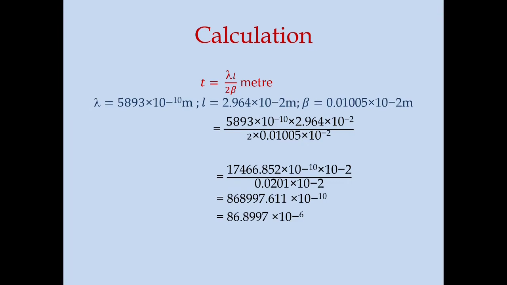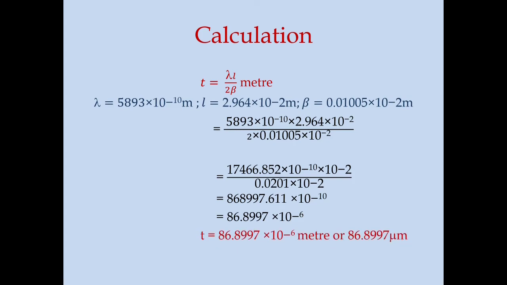The remaining power is 10 power minus 10. Dividing these two numbers will give you 868,997.611 into 10 power minus 10. So I am pulling the power inside, pulling 4 powers inside, that is minus 4 powers inside.